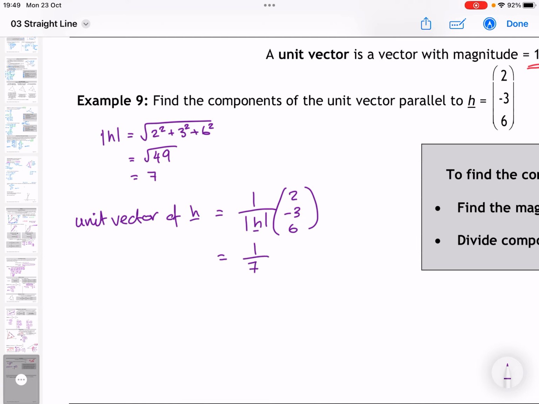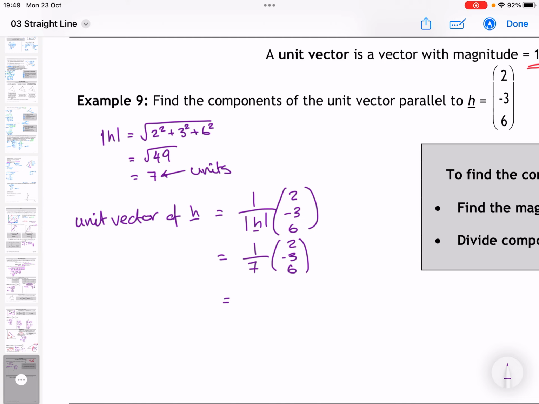So it's 1/7 of (2, minus 3, 6). The magnitude is 7 units. I need 1 unit, so I have to divide by 7. So to turn 7 into 1, you divide by 7. That's where this comes from.